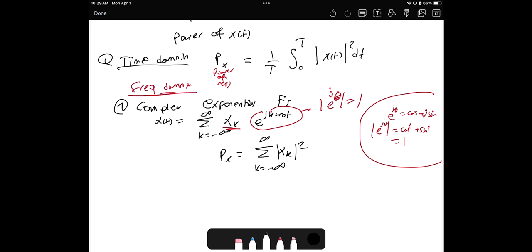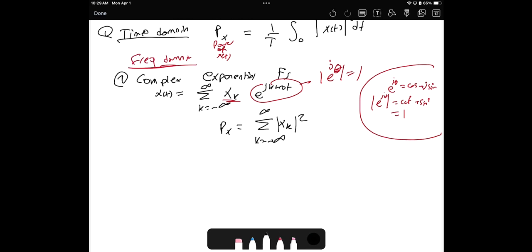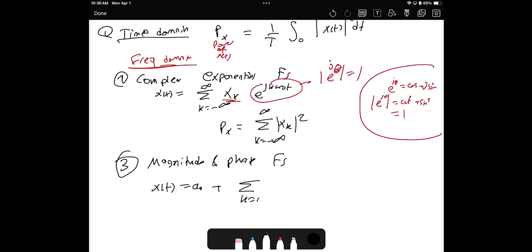Then we have other types of Fourier series. The third one is the Fourier series with magnitude and phase, which is basically built on x of t equals a0 plus the sum from k equals 1 to infinity of ck cosine of k omega naught t plus phi k.